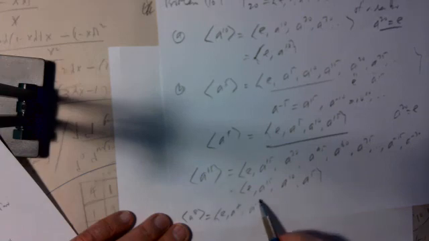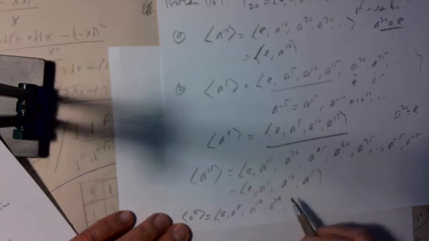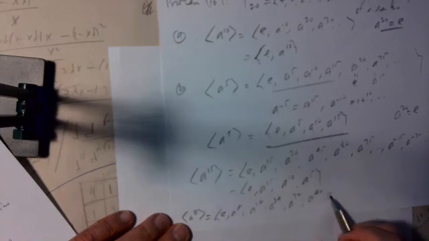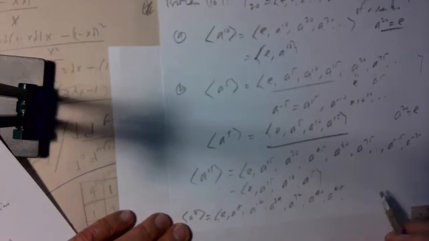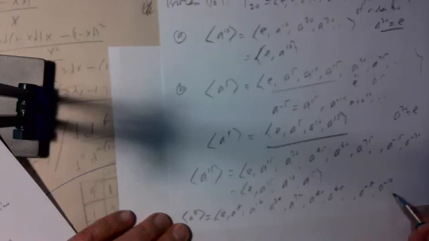And what about the subgroup a to the 8th, the set of all powers of a to the 8th? You have a to the 8th, a to the 16, a to the 24, just all multiples of 8, a to the 32, a to the 40, a to the 48, and so forth. Also, a to the minus 8, a to the minus 16, a to the minus 24, and so on.